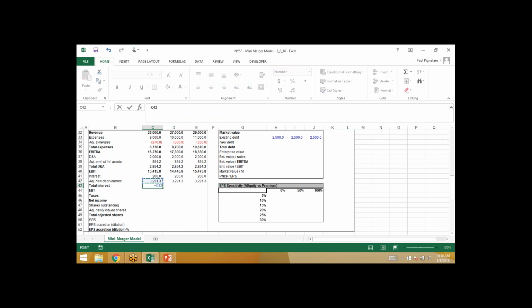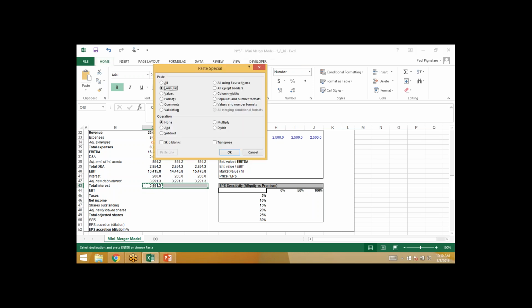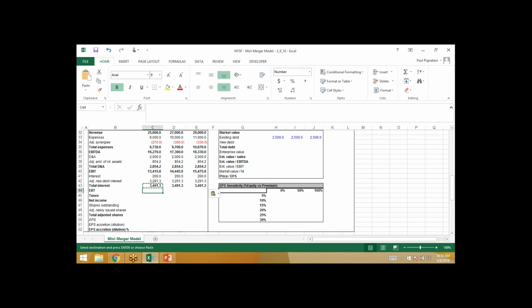And we'll add the two. Which would leave us with EBIT minus interest.